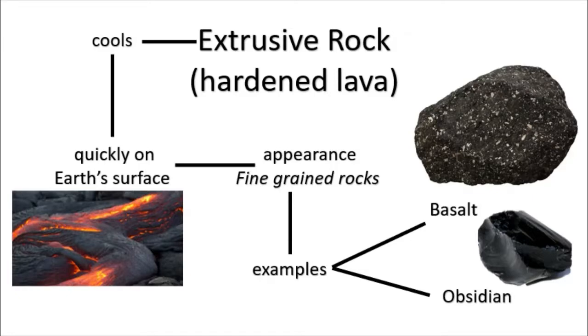So the first igneous rock that I am going to introduce here is the extrusive rock. Extrusive meaning external. They are the hardened lava. So in a volcano, the magma will be spewed out of the mouth of the volcano, and when they are found outside of the volcano, they are called lava.